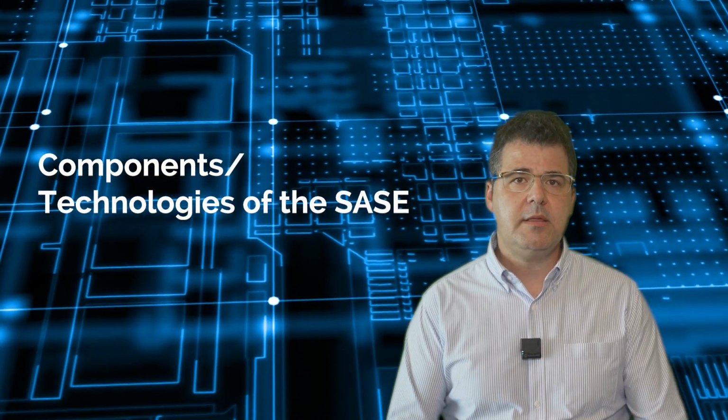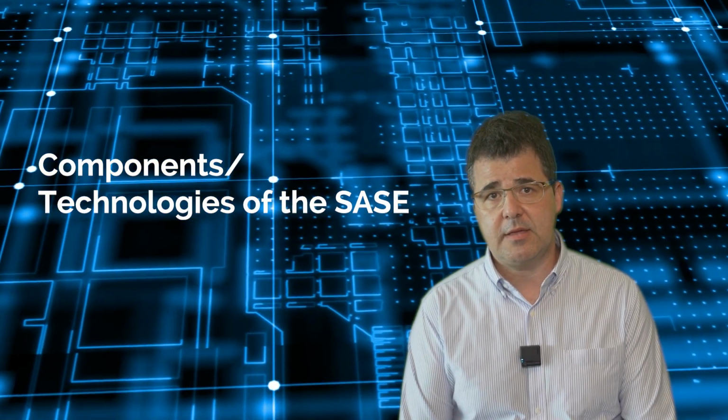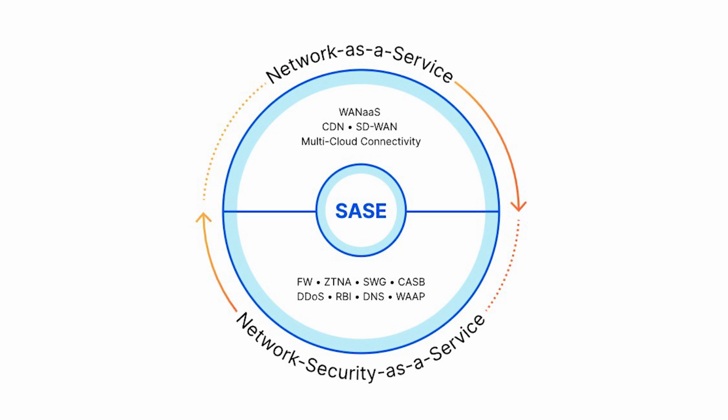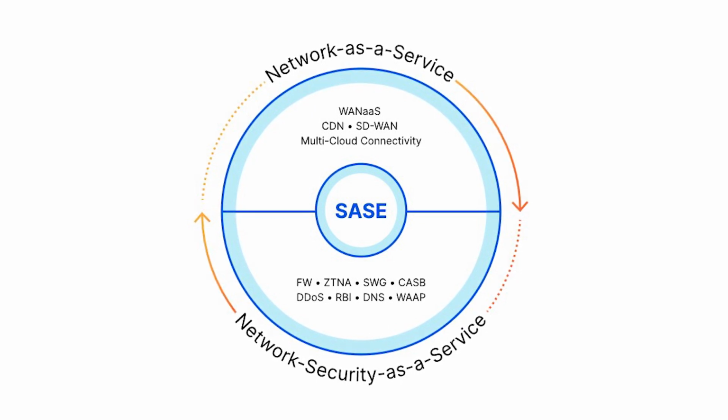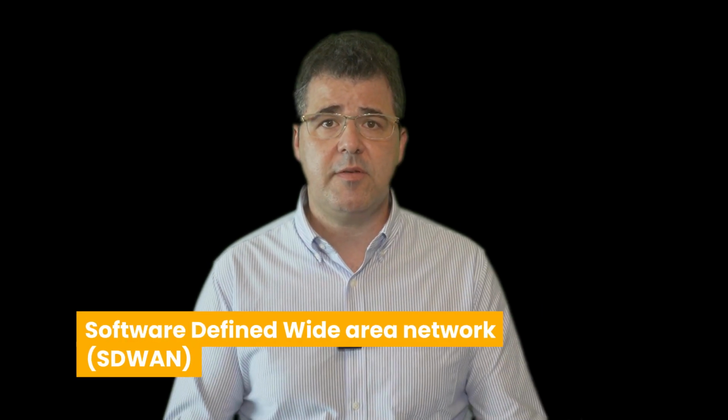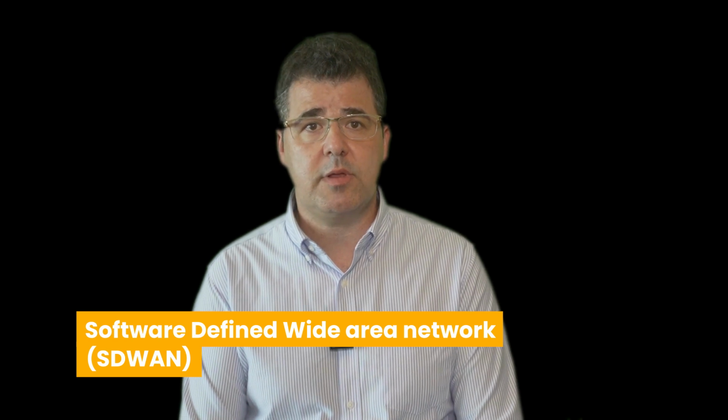So, components and technologies of the SASE. The SASE model can be broken down into 6 components based on its technologies and capabilities. First is software-defined wide area network, the SD-WAN.